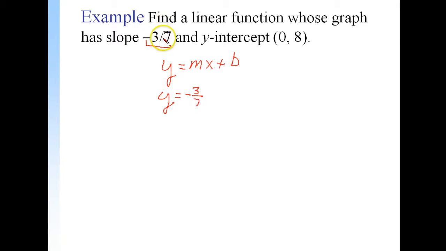Notice they didn't do that very well. I want our little bars here to be horizontal, and we put an x there because that's part of the formula, and our y-intercept, we only write the 8. And it's just that easy. If they give you the slope and they give you the y-intercept, it's just putting it into formula 2.